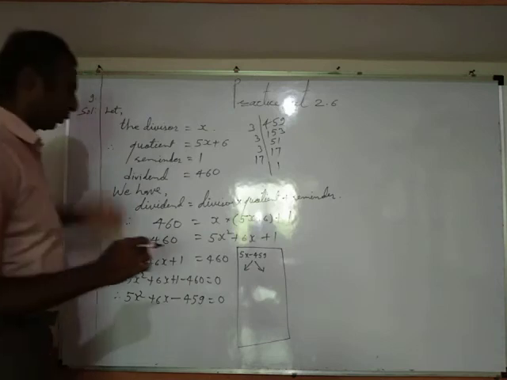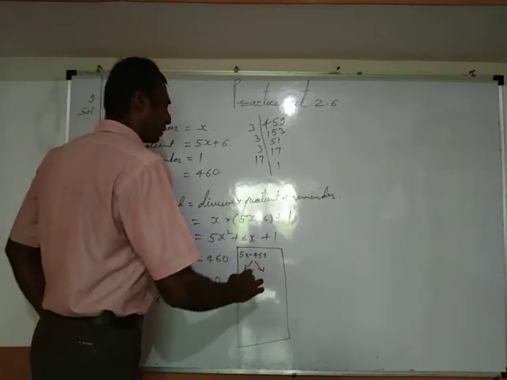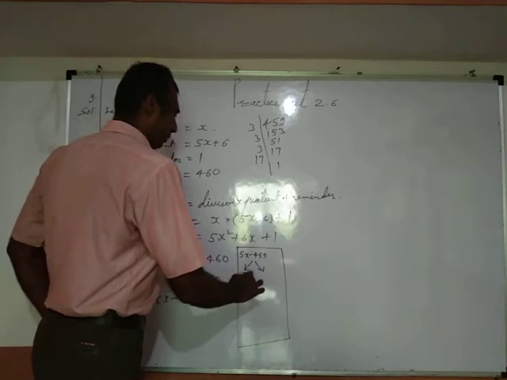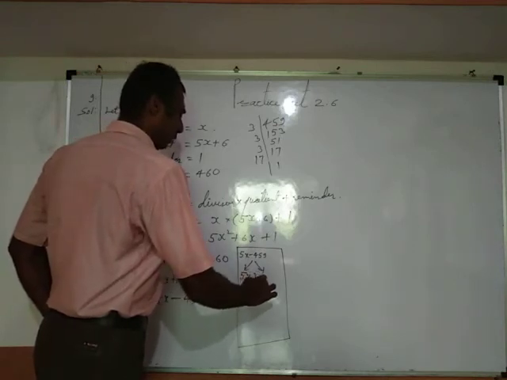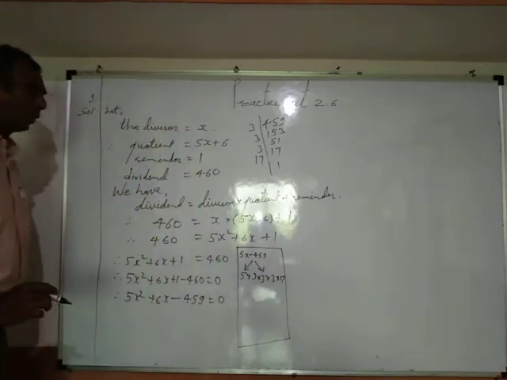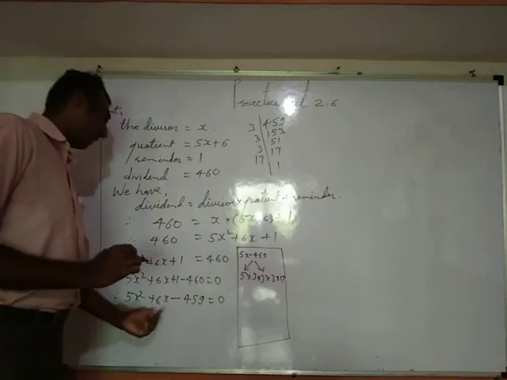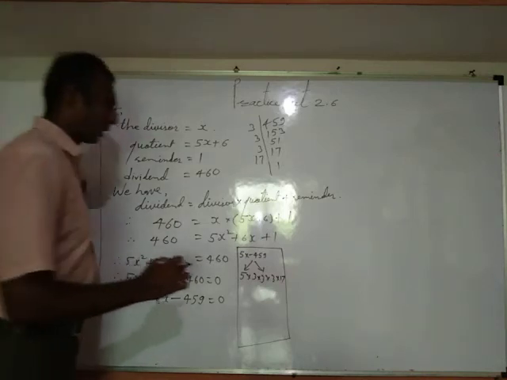Okay. Now first of all let's write those as 5 into 3 into 3 into 3 into 17. Now we need to split them in such a way that their difference will be 6.